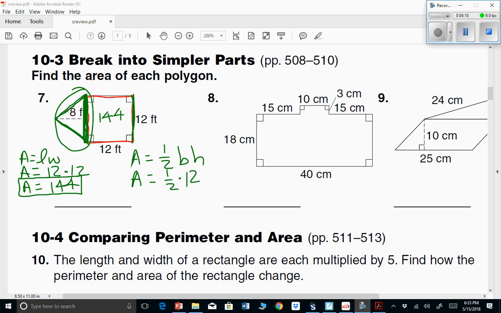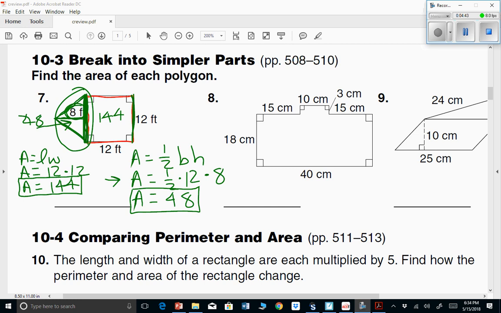And the height of this triangle is this distance right here, which they've got labeled as 8 feet. Then just put this in your calculator, 1/2 times 12 times 8, and that should equal 48. So the area of the triangle is 48.